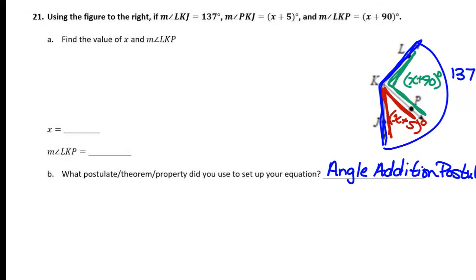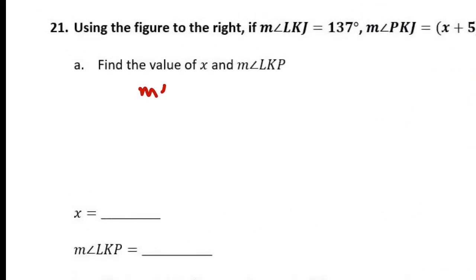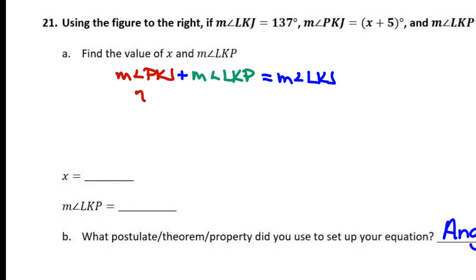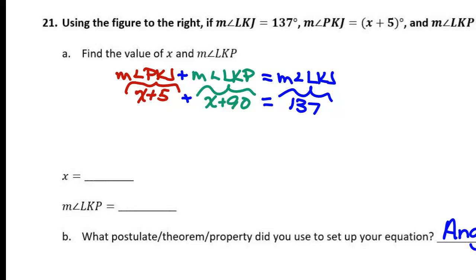So angle addition postulate tells me that the measurement of angle PKJ together with the measurement of angle LKP is equal to the measurement of angle LKJ. I know that PKJ is x plus 5. I know that LKP is x plus 90. And I know that LKJ is 137.